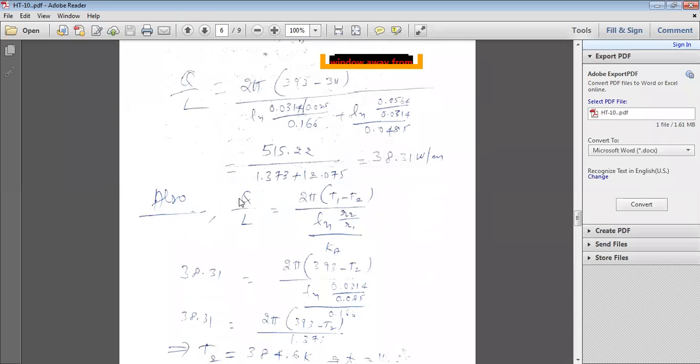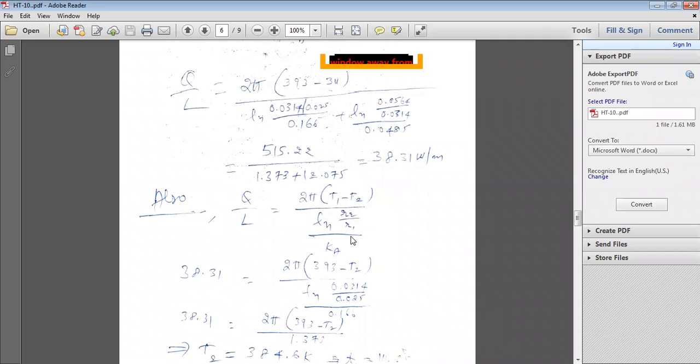If you know the heat transfer rate per unit length, Q by L, you can consider only the fiberglass, or otherwise the asbestos also. For the asbestos, you take T1 minus T2; for the fiberglass, T2 minus T3.